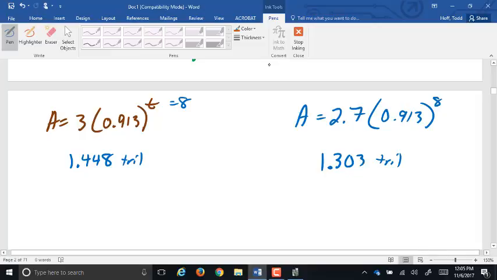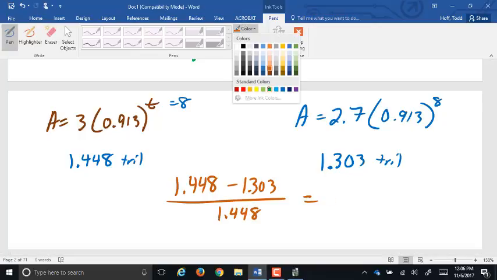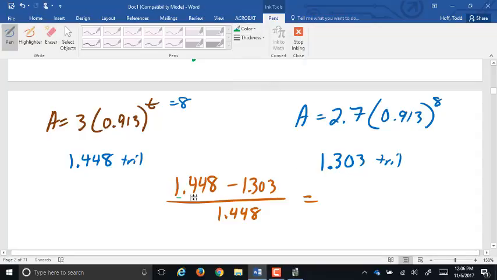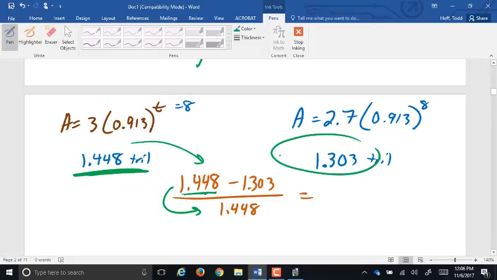Now this goes back to that formula you were talking about before. It doesn't matter which one you put in here. Whichever one goes first should go down here. Since this is the one we did first, this was the original amount, it goes here. That's the old amount. This is the new amount after the decrease.